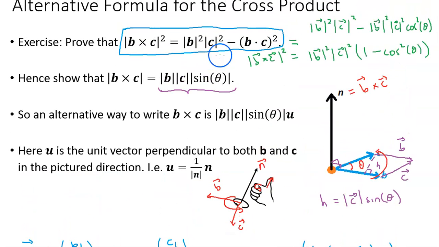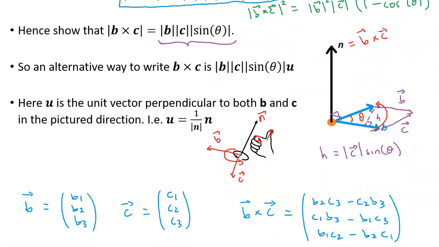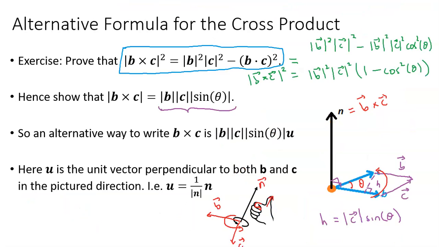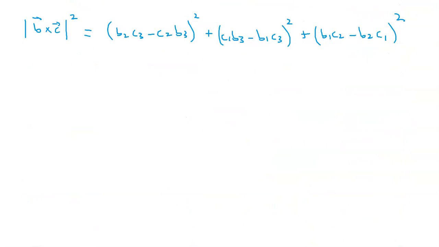Meanwhile, let's look at what we have on the other side: the length of B squared times the length of C squared minus (B dot C) squared.